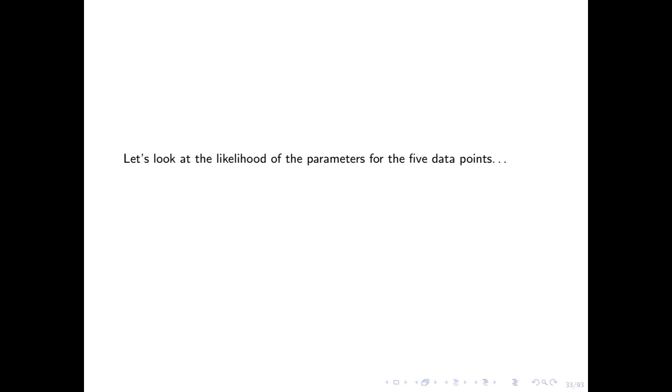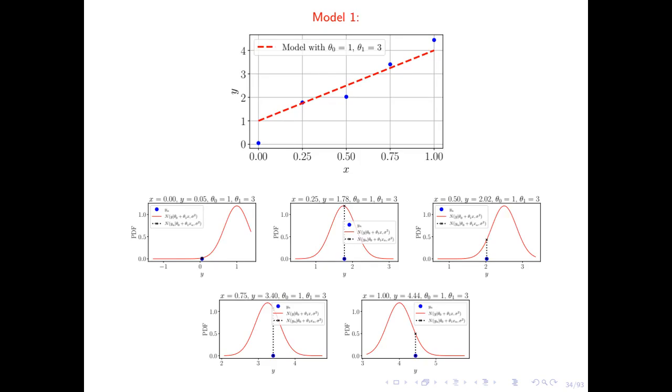So we have 5 data points, and we looked at 3 models previously. Two of them looked very similar, and one was just a horizontal line. So let's look at the likelihood of the parameters for those 5 data points. For model 1, our prediction looked like this.